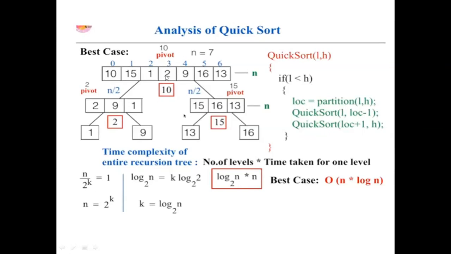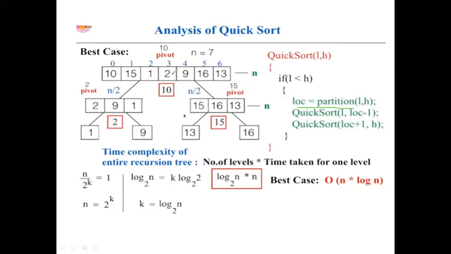In the same way, I am taking 10 as my pivot value, the low value is 15 and the high value is 13.